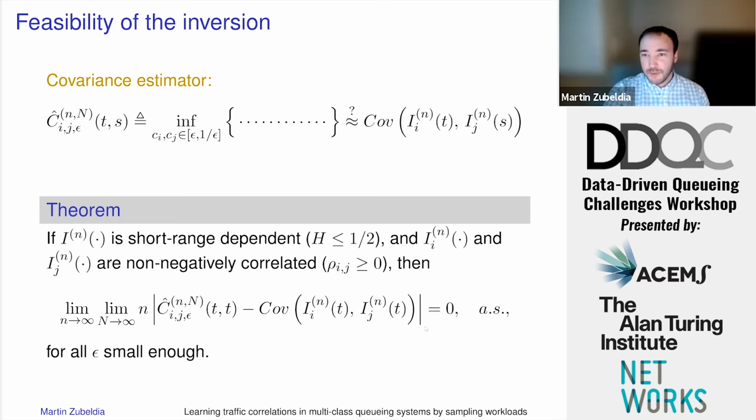Then we were able to prove that this estimator converges to the true covariance, when we take the limit first as the number of samples goes to infinity, and then as the number of superimposed sources goes to infinity. This indeed works out. And again, this convergence holds for all small enough, so we just need to pick a compact set big enough to include the true minimum of the function that we're minimizing.